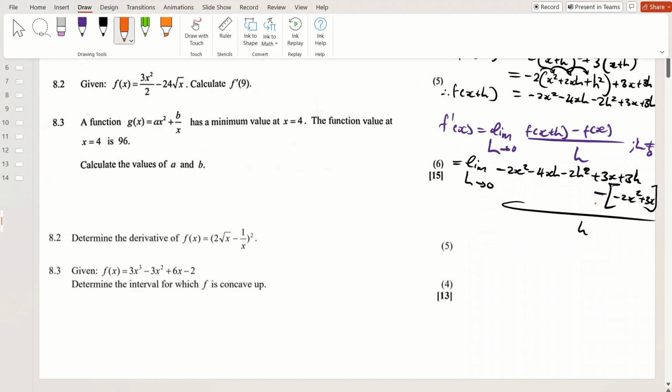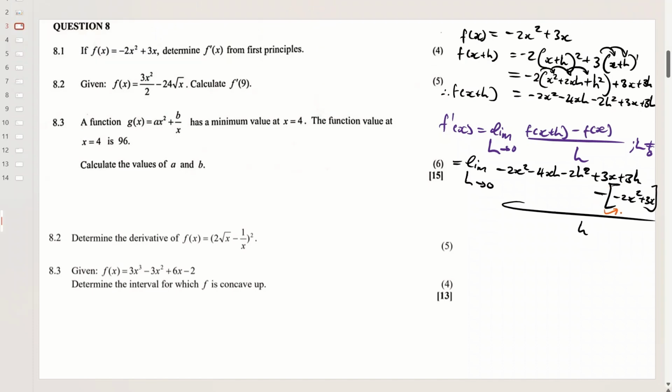You know we don't like wasting time. When we distribute the negative inside, we'll have positive 2x squared and negative 3x. So this tells us that the negative 2x squared and the positive 2x squared, and the 3x and the negative 3x, are going to cancel. So what you have is just the numerator.